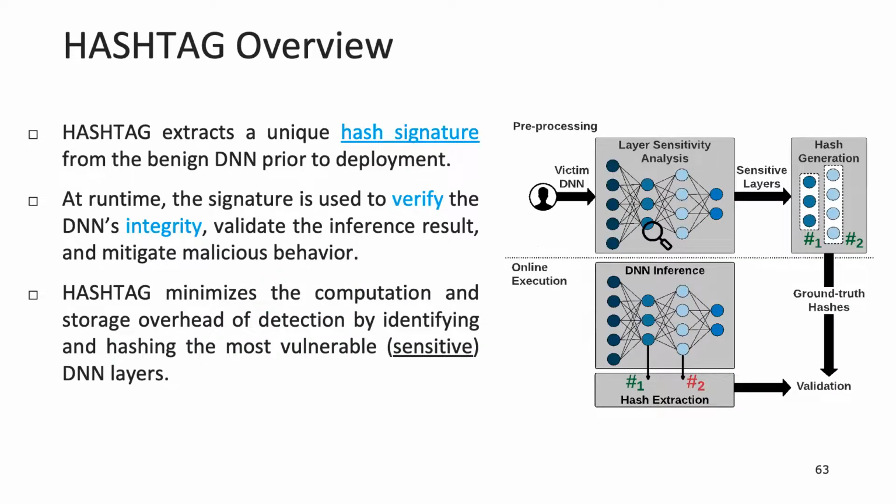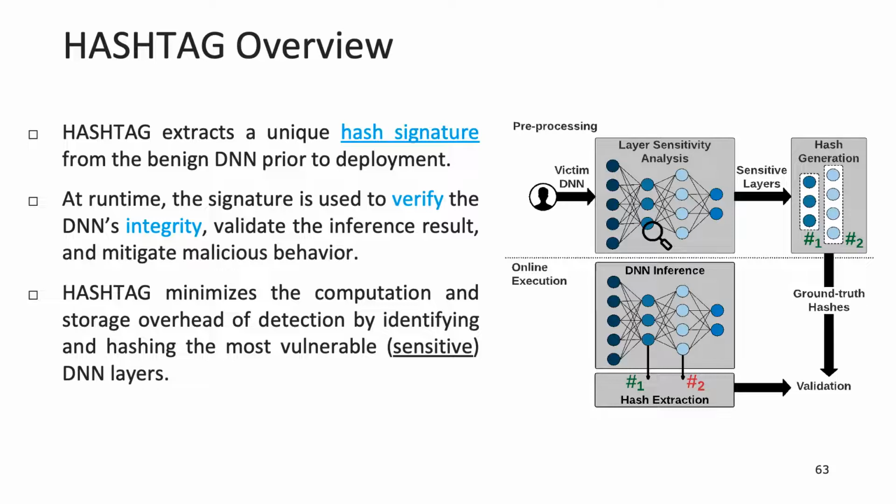Here we show a global flow of Hashtag. In this framework, the defender extracts the unique hash signature from the benign or unattacked model before deploying it. And this unique hash signature is stored as the golden ground truth. Then at runtime, the signature of the deployed neural network is extracted by Hashtag and compared against the unique ground truth that we defined in the first step.